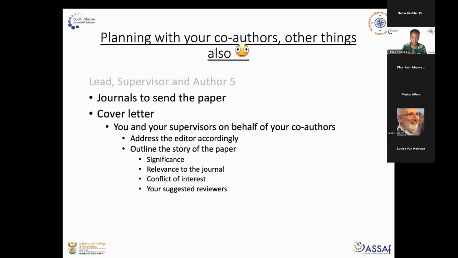You contact the editor directly in a letter, and you outline the significance and, most importantly, the relevance to the journal. You state, we think that this paper belongs here, and this is why. Then you indicate conflicts of interest and include the list of suggested reviewers, and in other cases, the ones that you do not want reviewing your work. The cover letter happens at a later stage, but you can start structuring it as you're writing.